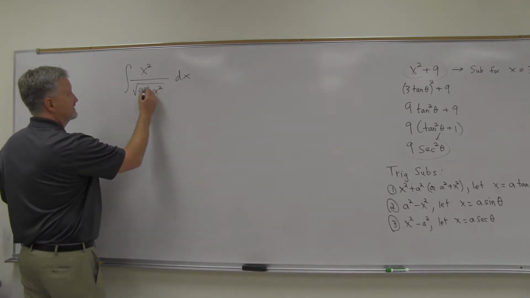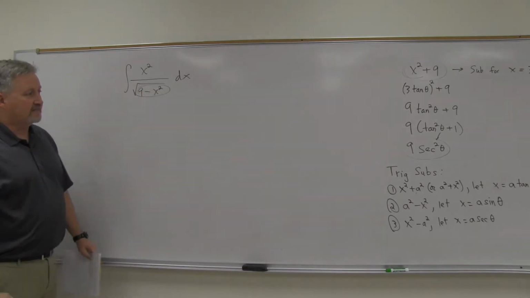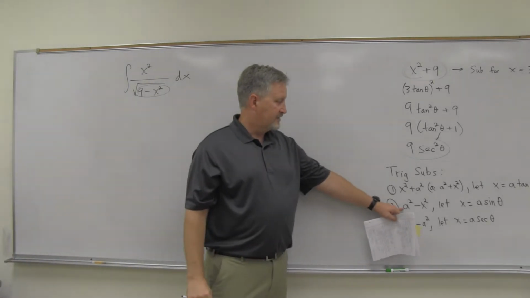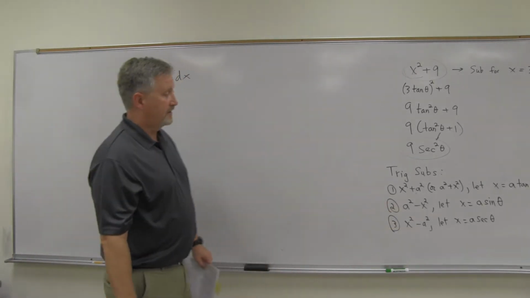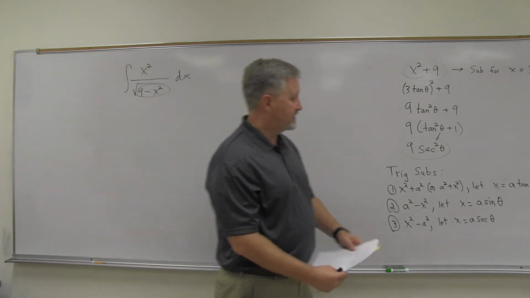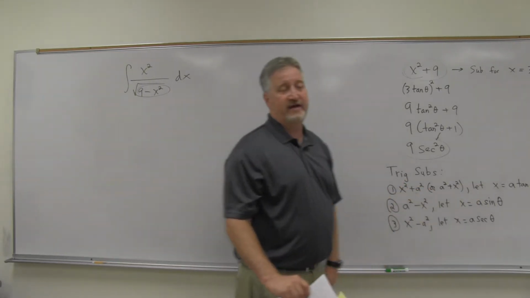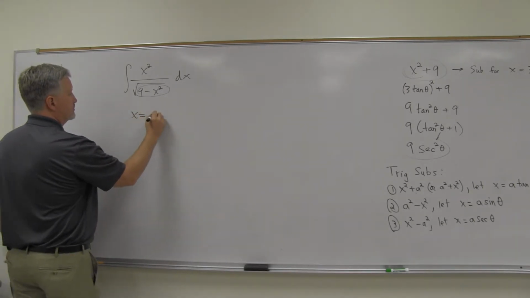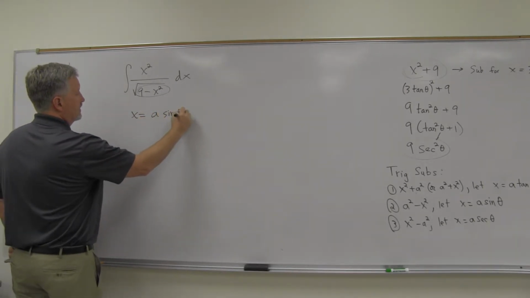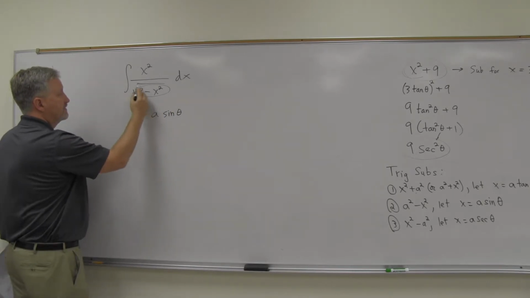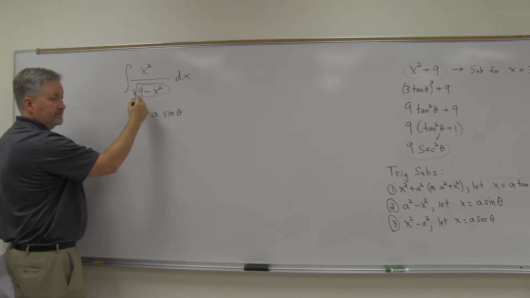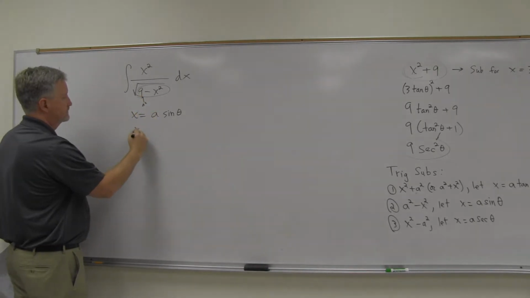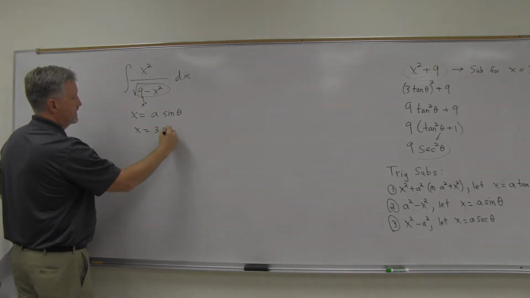It's right here, isn't it? I've got the a squared minus x squared scenario, don't I? So my trig substitution is going to be x equals a sine theta. What is the a here? Well, this is 9, but that's a squared, so a would be 3, wouldn't it? So x equals 3 sine theta.